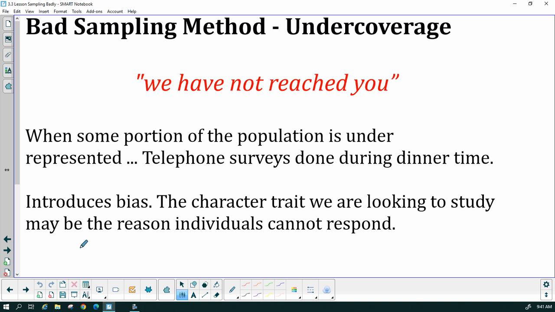So you might get telephone calls, spam calls, where people are trying to poll you about certain things, and we might not end up reaching people because of the time of day we call them, or other reasons like that. People who we can't reach might have a similar character trait, something in common that might be important to our data collection, but we won't be able to reach those types of people for this reason.